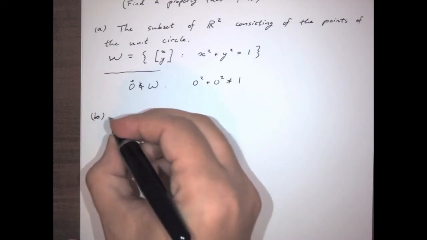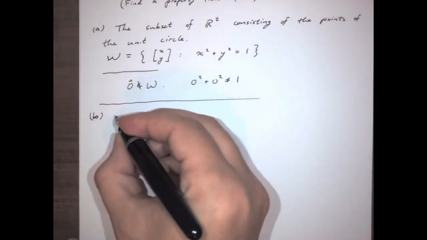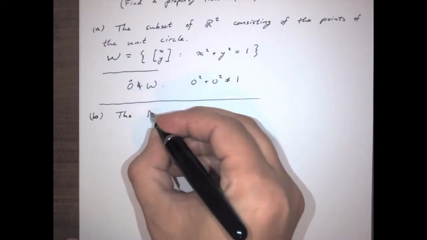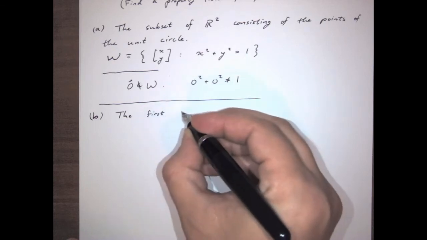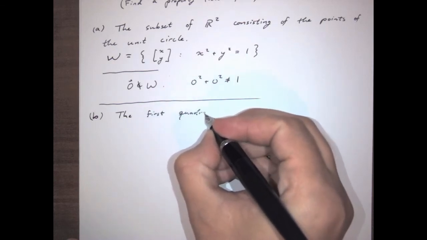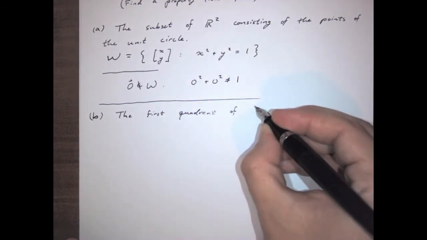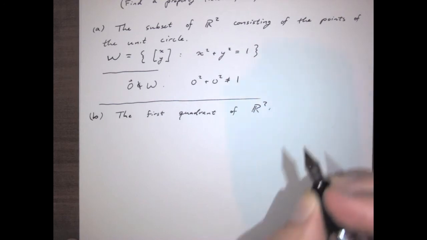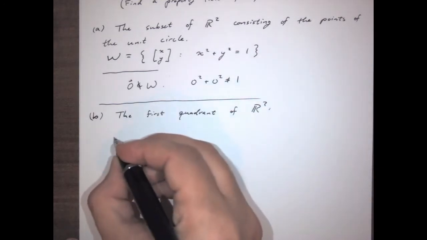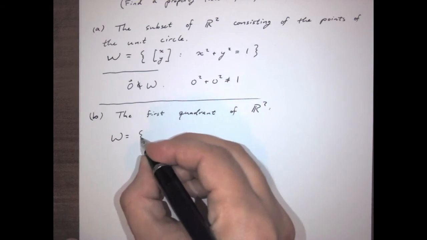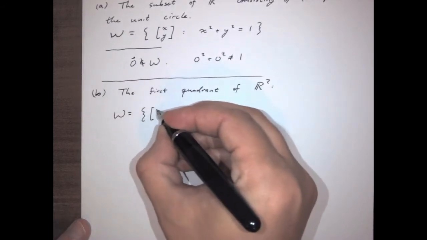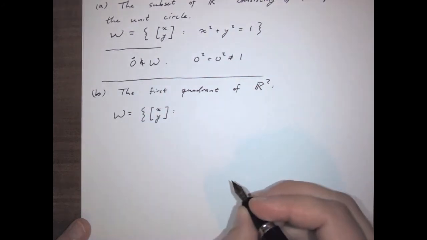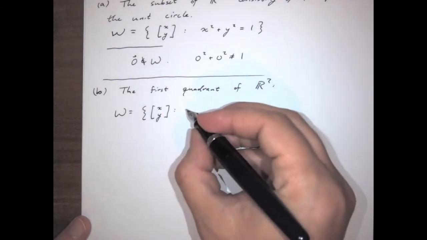How about the first quadrant of R2? So if we wanted to write that out as a set, we're talking about elements of R2, so they all have the generic form (x, y), and then we just have to say what the x and y have to satisfy.